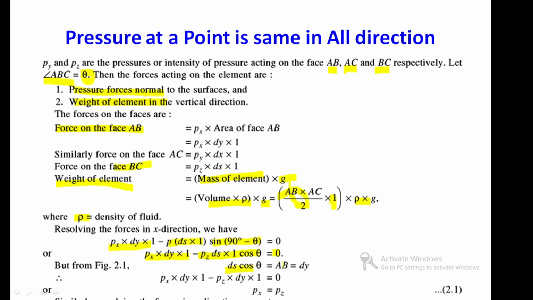Now ds cos theta equals AB equals dy. You substitute ds cos theta as dy.